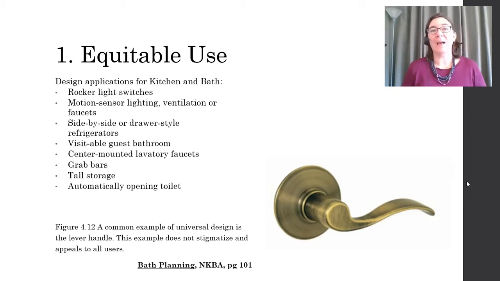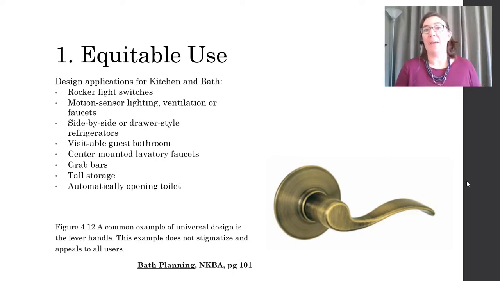So some examples of equitable use in kitchen and bath include rocker light switches, motion sensor lighting, motion sensor ventilation, motion sensor faucets, a side-by-side or drawer-style refrigerator. We just saw that in the last slide.